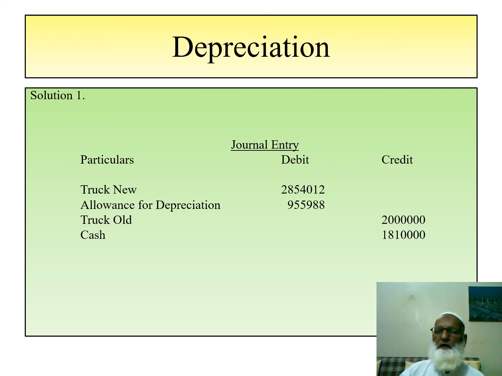Allowance for depreciation of the old truck, 955,988, is debited. The old truck to be removed from the books is credited for 2 million, and the cash paid is also credited. This is the journal entry to be passed to remove the old truck from the books and to enter the new truck.